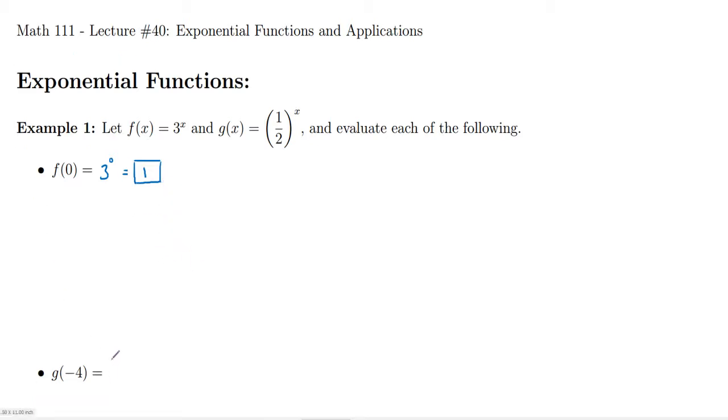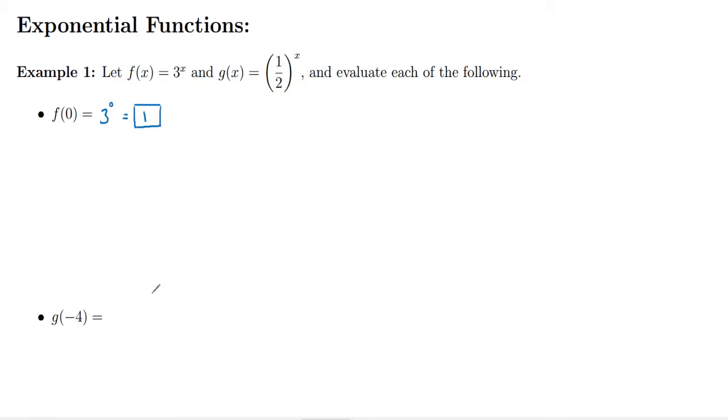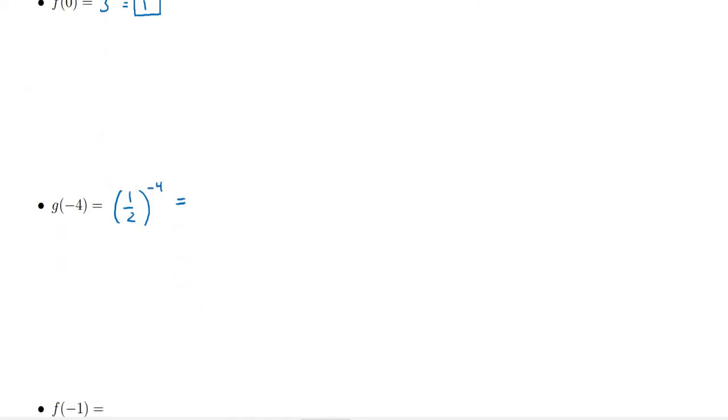So what would g of negative 4 be? So g of x is 1/2 to the x. So we will just take 1/2 and raise that to the negative 4. And now we can use any property that we know about exponents to simplify this. There's a bunch of different ways that you could simplify this.